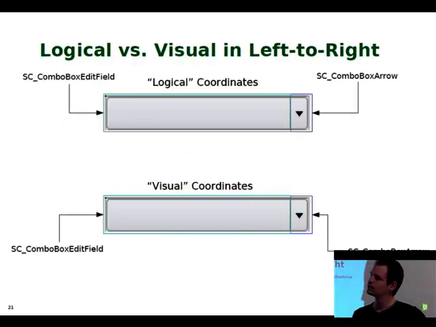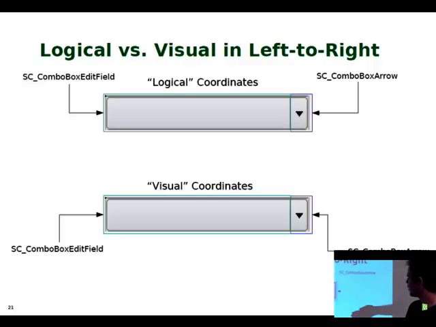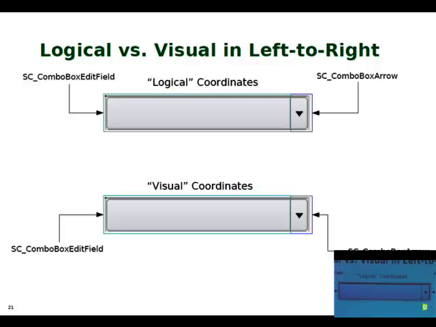Okay. So there are two kinds of coordinates, the logical and the visual coordinate. What's the difference between the two? So that's the logical coordinate and that's the visual coordinate. You might wonder what's the difference. There is none in this graphic because we are in left to right.